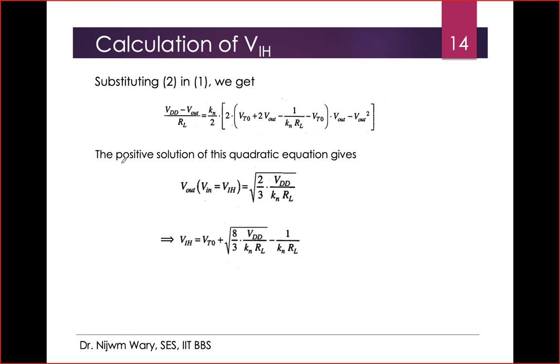Now if I solve this equation and get a positive solution, right? This quadratic has a negative solution and a positive solution. Because the VIH will definitely be a positive number, if I solve this quadratic equation, I'll get this V out, which is when V in equals VIH.